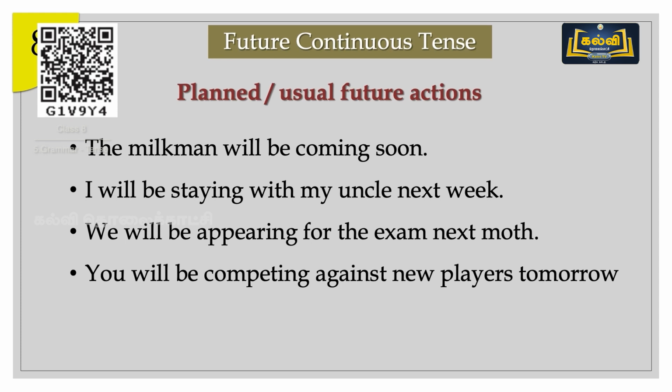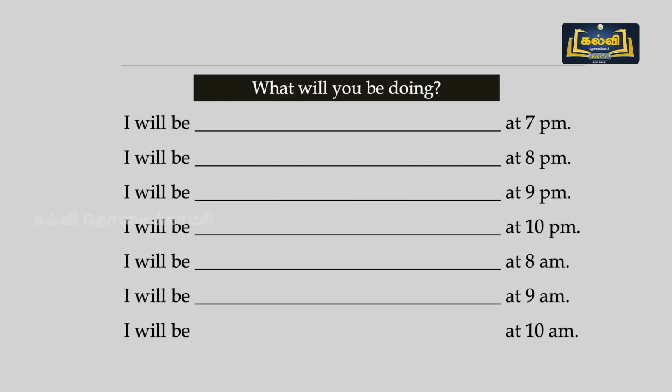Okay, now the question. What will you be doing? Look at the pattern. What will you be doing? I'll be doing this at 7 a.m. Look at these questions with blanks. I will be blank at 7 p.m. What will you be doing this 7 p.m., 7 this evening? I'll be doing my homework. Then 8 p.m. I'll be having my dinner. At 9 p.m. I'll be watching TV.